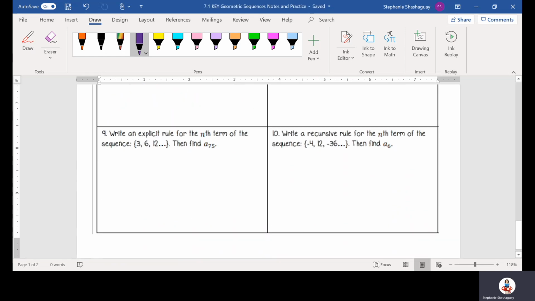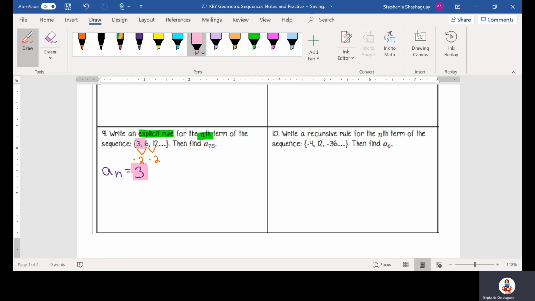Number 9. Now we're going to write an explicit rule for the nth term of the sequence 3, 6, 12. So first I need to determine my ratio. To go from 3 to 6, I multiplied by 2. 6 to 12, I multiplied by 2. So my explicit rule is going to be a sub n is equal to, sorry, my first term, 3.